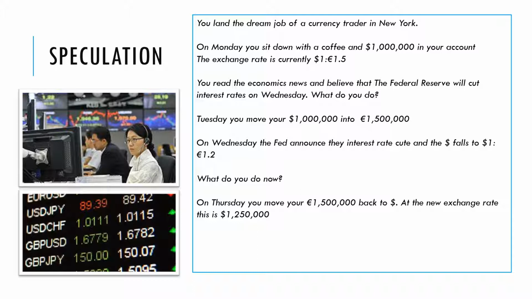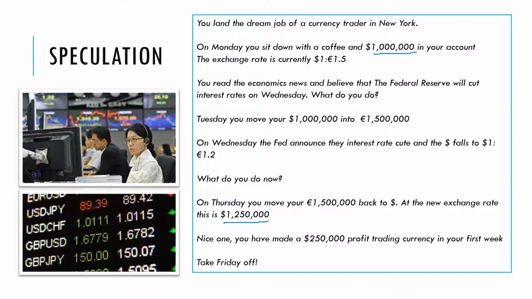And at the new exchange rate of $1 to 1.2 euros, this would mean that you have $1.25 million in your account. Now if we compare that to what you started with on Monday morning, we'll see that you've made a very nice profit, $250,000 for 4 days work, so you can take Friday off. And we call this speculation, buying and selling currency in order to try and make a profit.